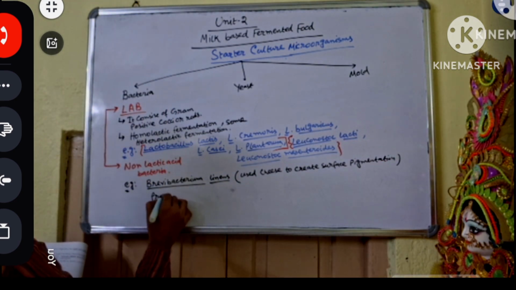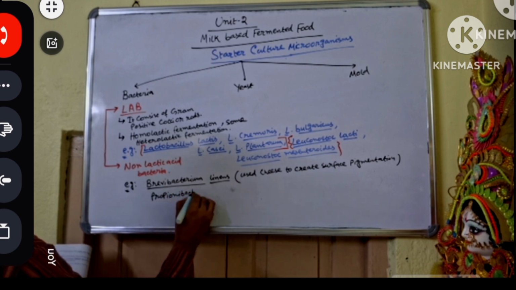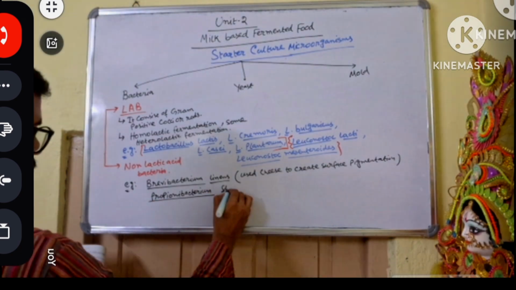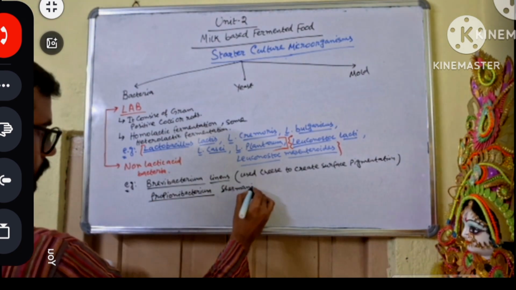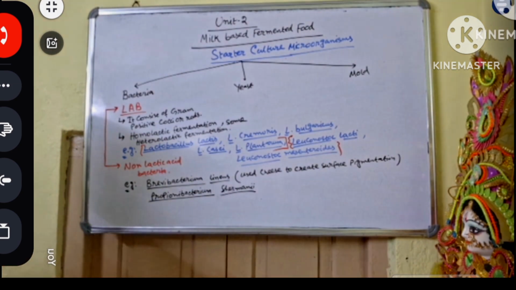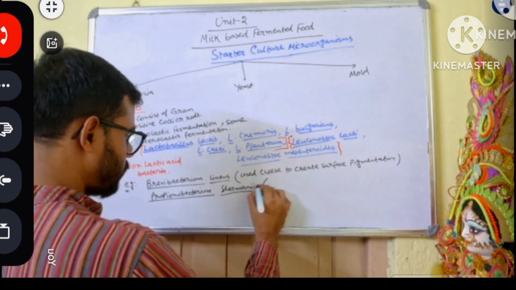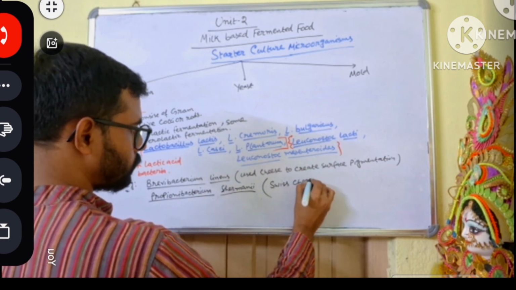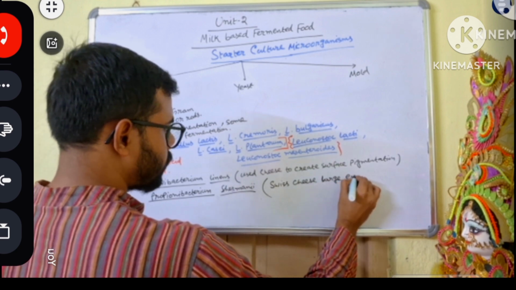Propionibacterium shermanii is also used to make holes, large eyes, in Swiss cheese making.